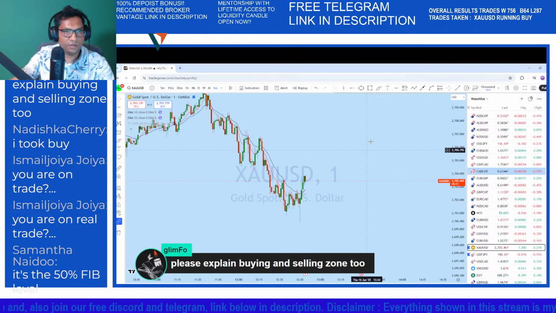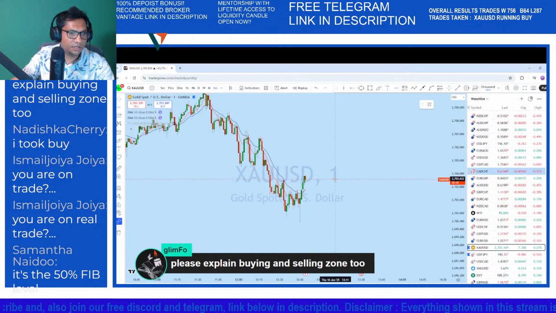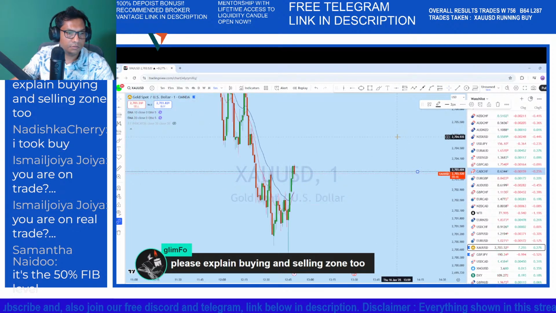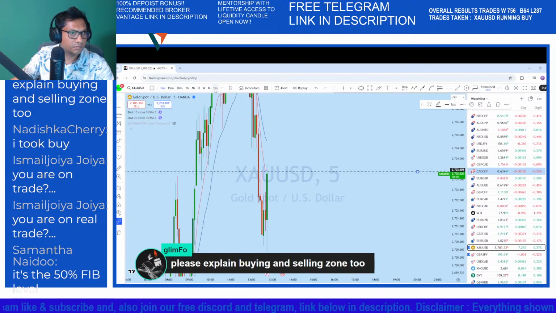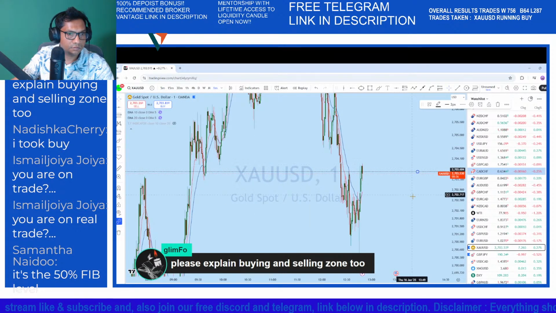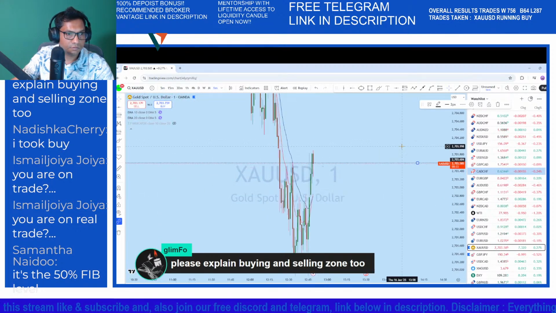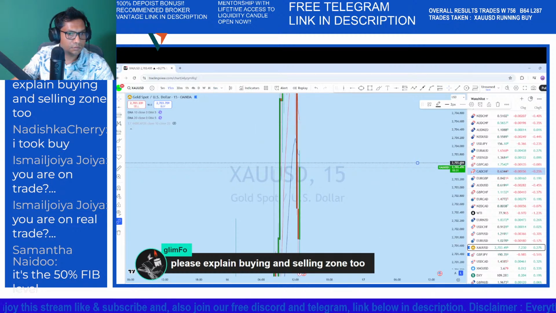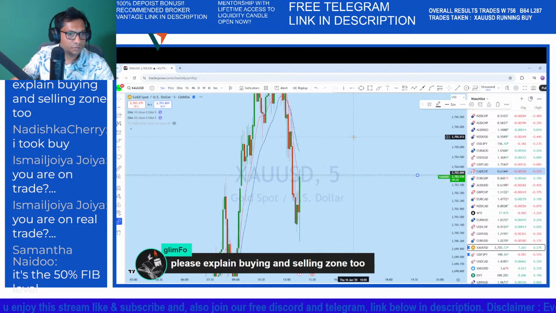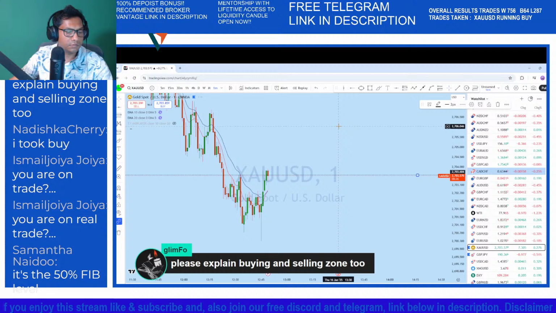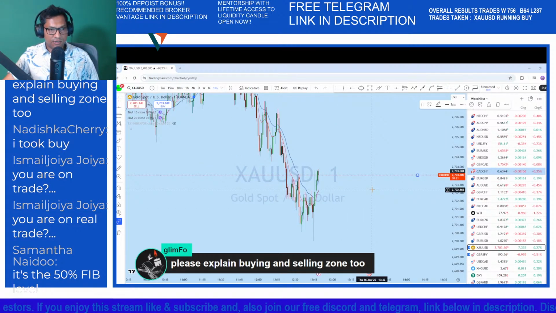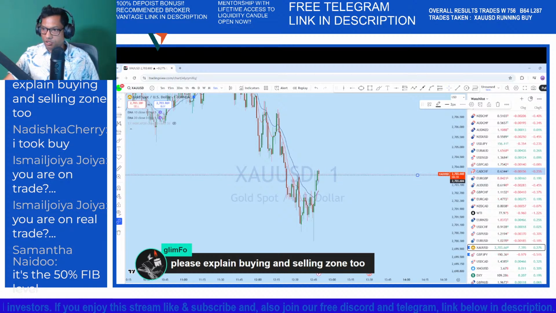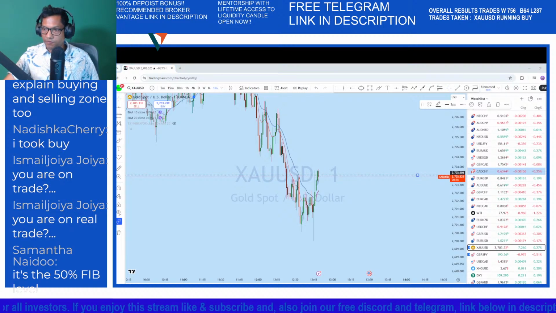So this is a very important level of resistance here. Pretty important level, and we want to see the market giving us another opportunity. 50% Fibonacci level.